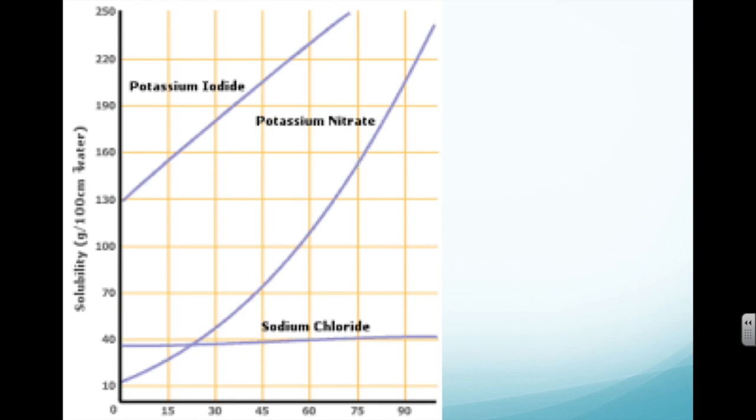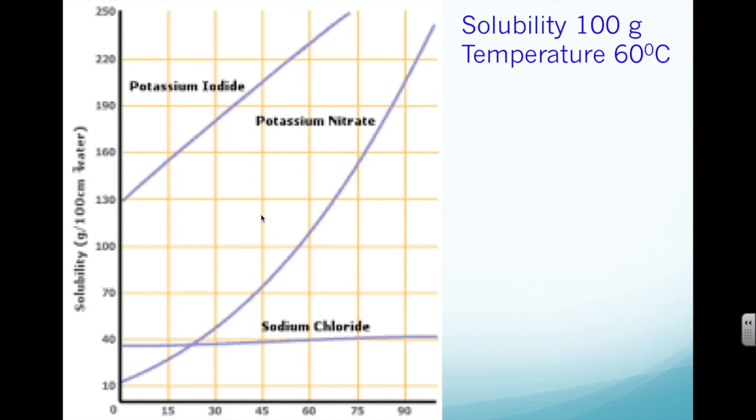So very often you'll see one plot right here, and you will see many different solutes on there. Okay, so the solubility is 100 grams, and the temperature is 60 right here.